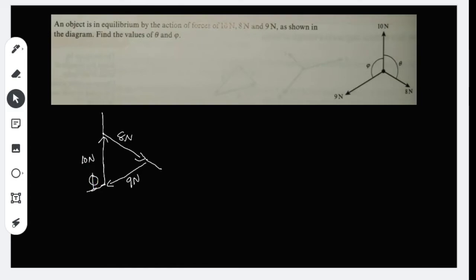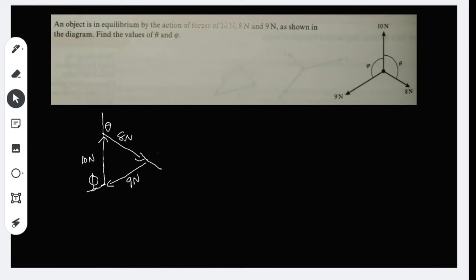Next, in the problem, the opposite of 9 Newton is the theta. So that's why we're going to write the theta here, opposite. So theta will be here. Okay, the opposite. And if there is another angle here, for 10 Newton, we're going to put it approximately here.